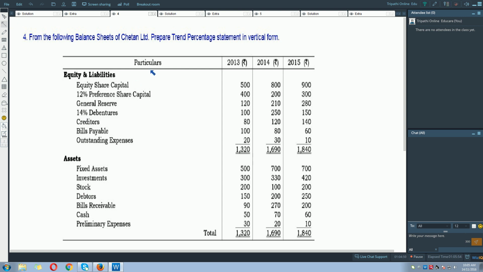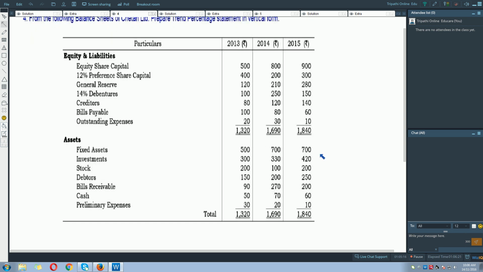And 6,20,000, it will be 83.78. Fine. Then 4,50,000, it is 60.80.